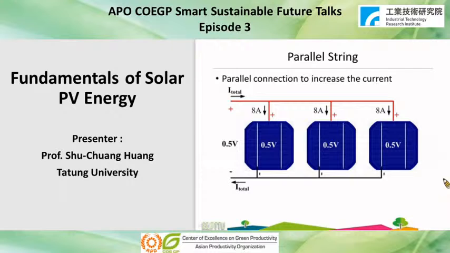Similarly, we can connect the solar cells in parallel. So for example, if one cell has a current of 8 amps, the overall voltage is still 0.5 volt, but the overall current would become 24 amps.